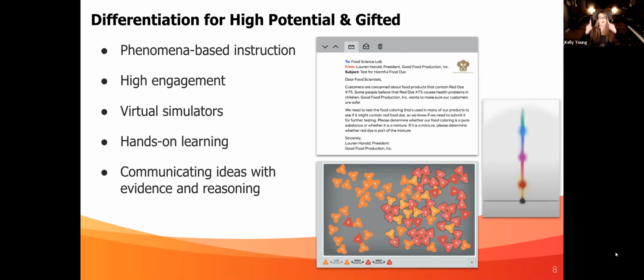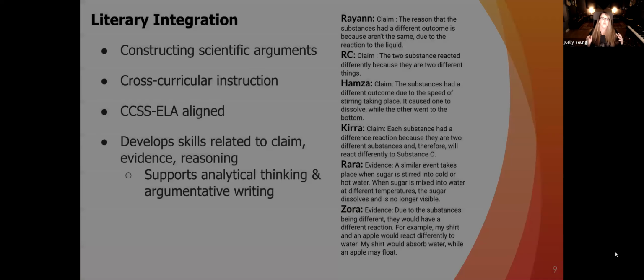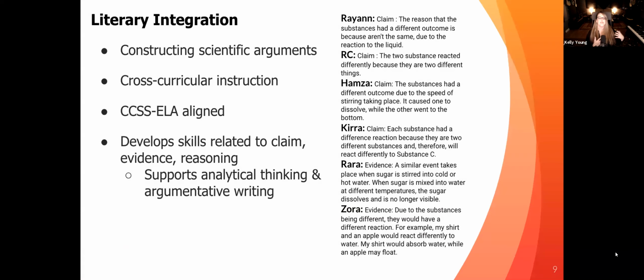I ended up making an entire unit, not just science, but literacy, social studies. We brought in environmental sciences. Our entire room ended up blowing up into rainforest because my kids were so invested that I could immediately see just how the literary integration piece could be so relevant and important.